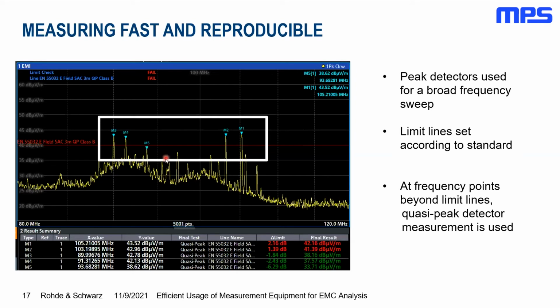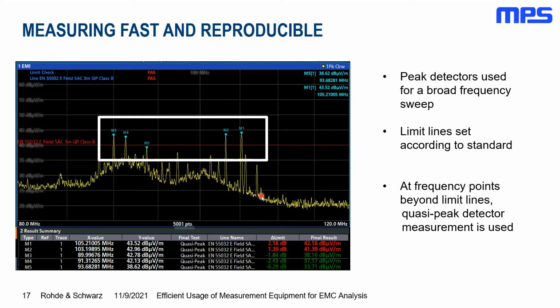That's very important if we think about measurement times. For the peak, we are typically talking about settling times in the millisecond range, so 50 milliseconds or something in that range, while for the quasi-peak, typically 1 or 2 seconds per frequency point are chosen. So we're way faster in doing the peak measurement than the quasi-peak.